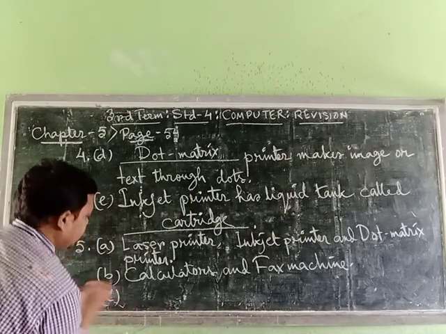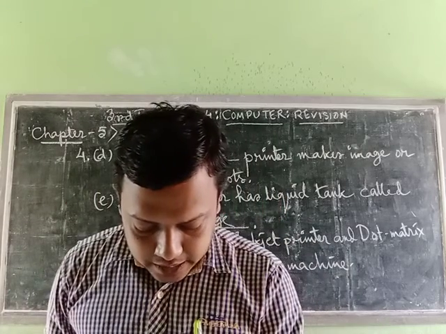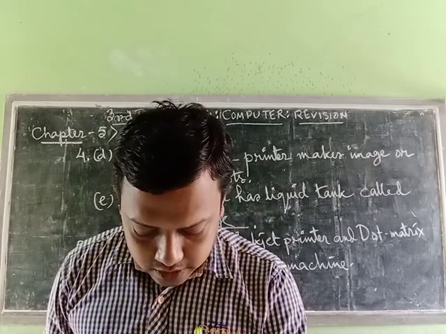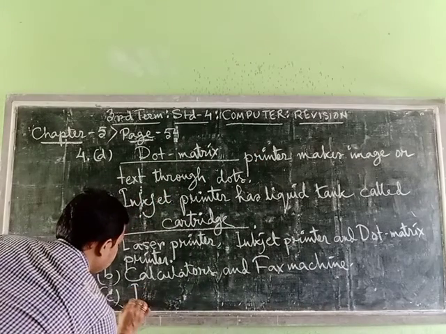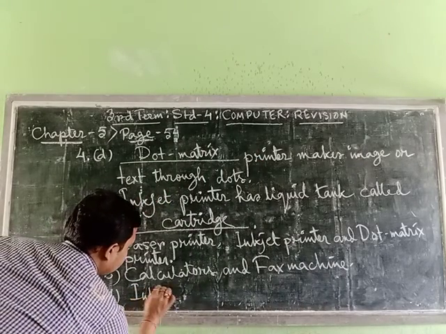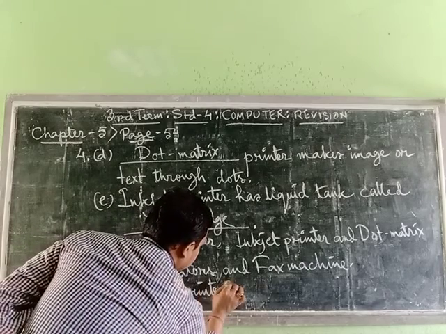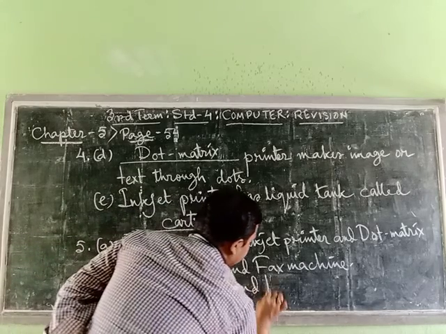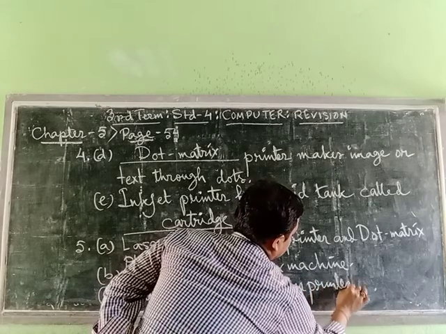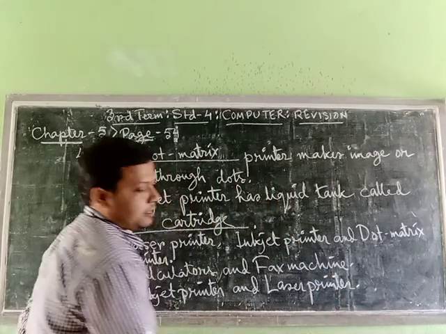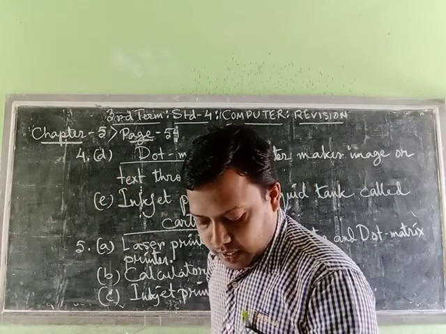Now question number C. Question number C is, give names of two categories of printer, and the answer is inkjet printer and laser printer. Now see the last question.